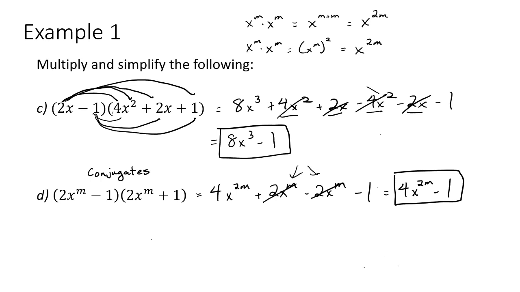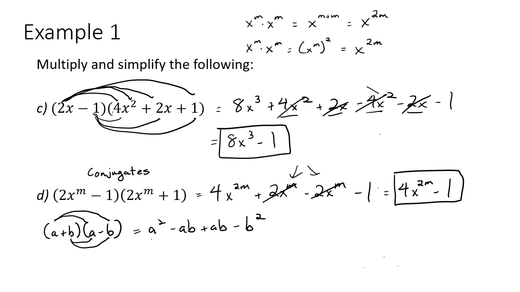Let's prove this by doing it in the abstract. Let's say we multiply a plus b times a minus b and see what happens. Well, by foiling, we would get a squared minus ab plus ab minus b squared, because it's a positive b times a negative b.